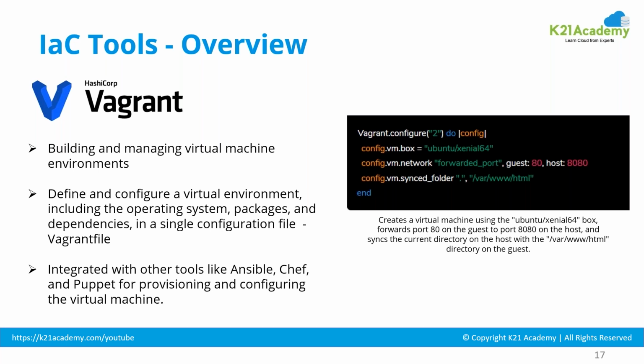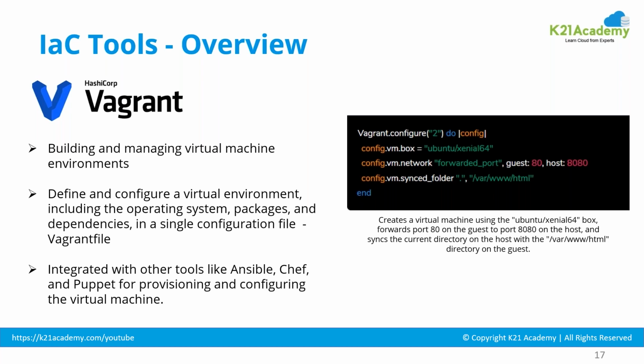Vagrant works with virtualization providers like VirtualBox, VMware, and Docker. For all these things, Vagrant works. You can integrate it with Ansible, Chef, or Puppet for provisioning and configuring your virtual machine.